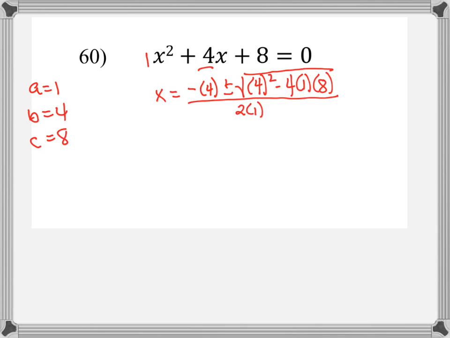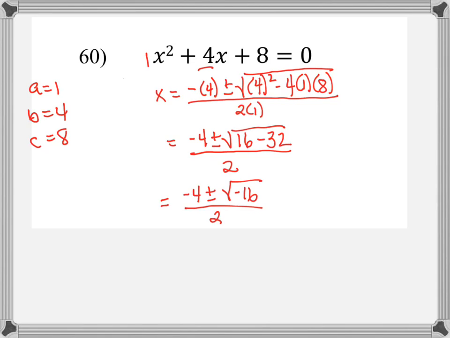So x is equal to the opposite of 4 plus or minus the square root of 4 squared minus 4 times 1 times 8 all over 2 times 1. Let's simplify. So negative 4 plus or minus the square root of 16 minus 32 all over 2. Simplifying underneath the radical, negative 4 plus or minus the square root of negative 16 all over 2.